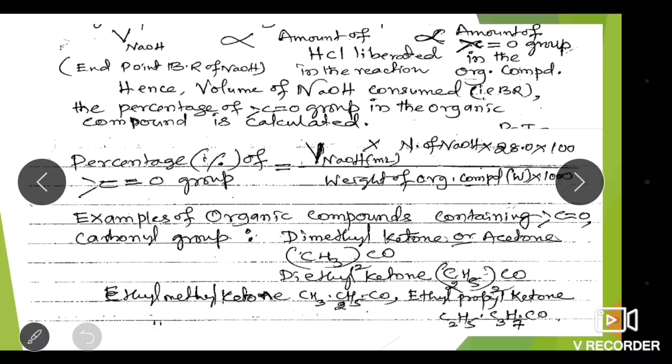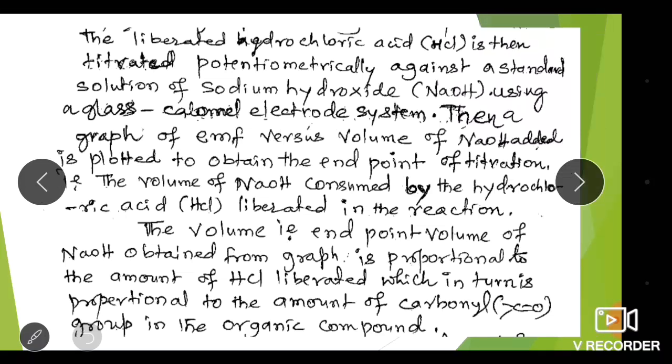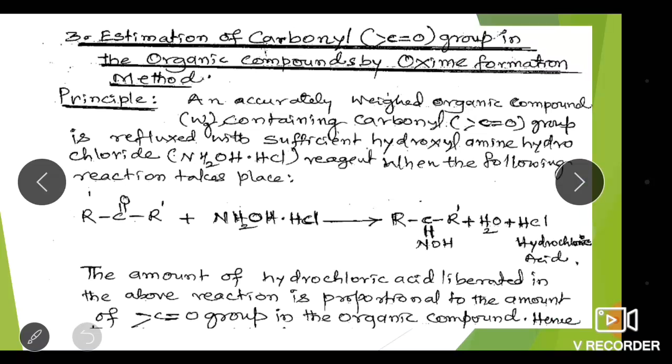So this is about how this oxime formation reaction is used, or method is used, to identify or to estimate the amount of carbonyl group in the given organic compound. An accurately weighed organic compound, W gram, containing carbonyl group is refluxed with sufficient hydroxylamine hydrochloride reagent.